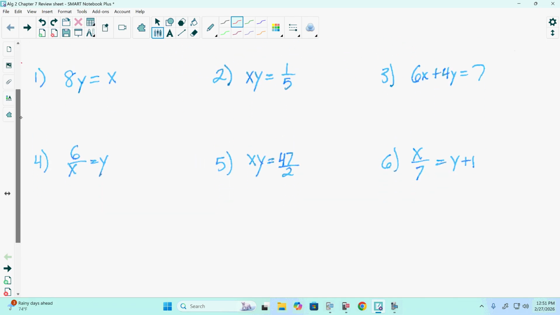So if we look at these here, number 1 is going to be direct. It just matches up to our version of direct. A times y is equal to x. Number 2 is inverse. Number 3.